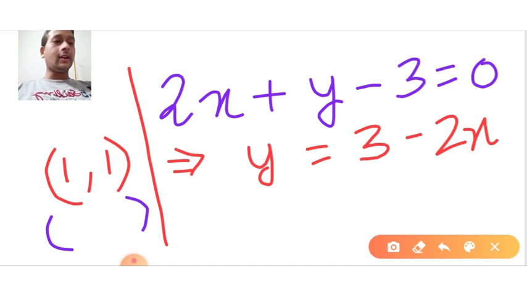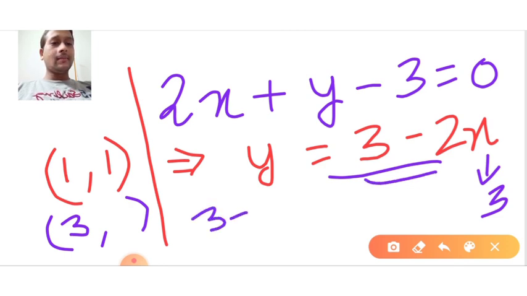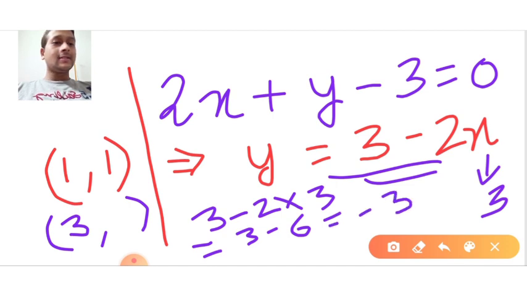Say if I give this x as 3, the value of x as 3, you will have this part as 3 minus 2 into 3. That means it will become 3 minus 6 equal to minus 3.